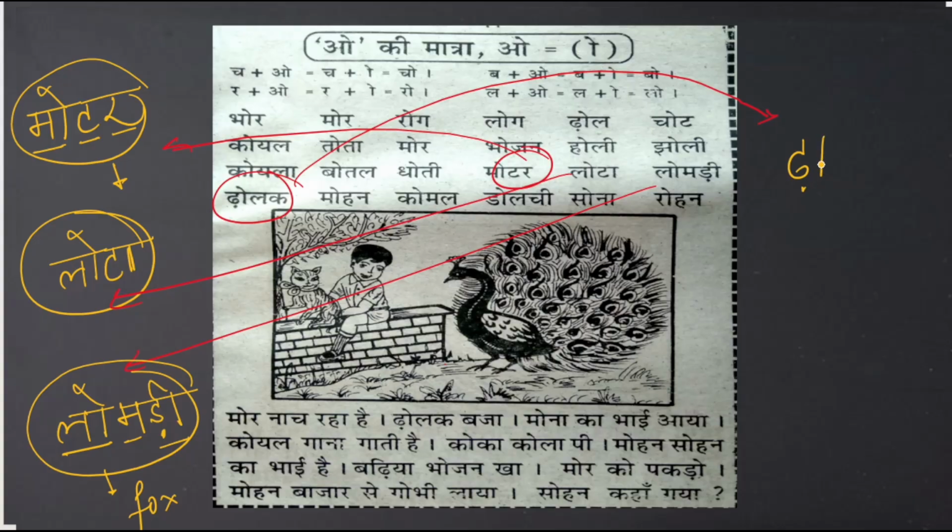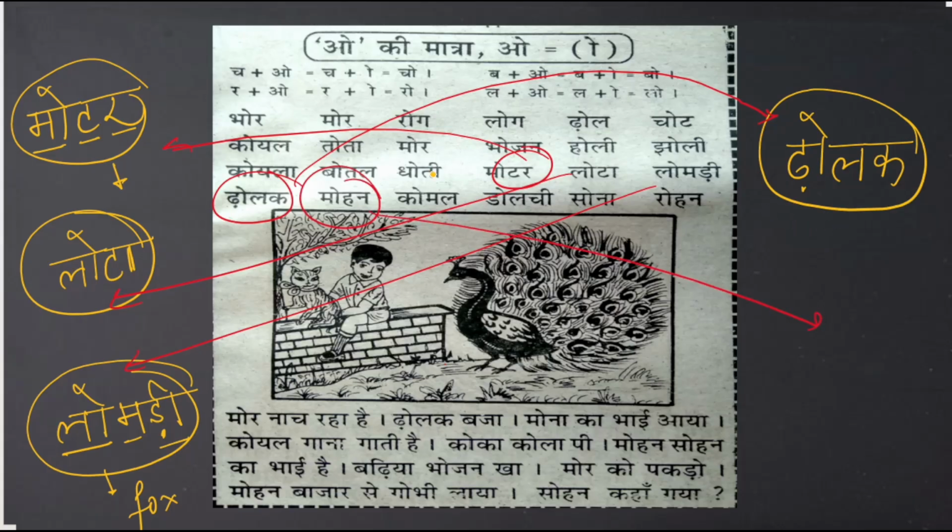This is da, the matra of O. This is la, this is ka. Now it became dholak, which is a double-sided drum. Ma, the matra of O, this is ha, this is na. Now it became Mohan, which is just the name of a person in Hindi.